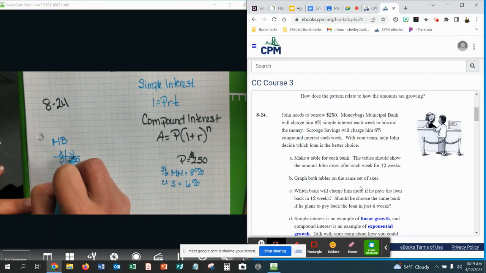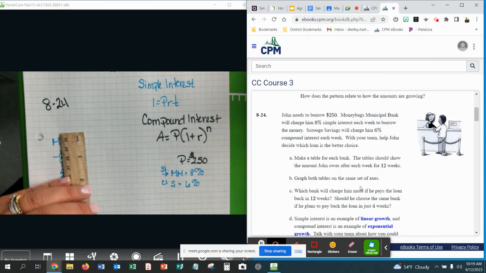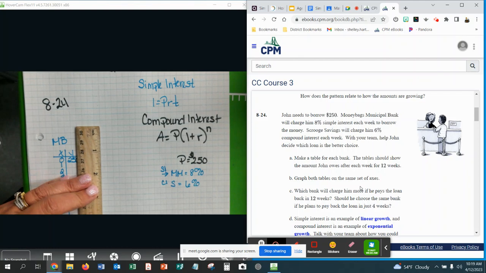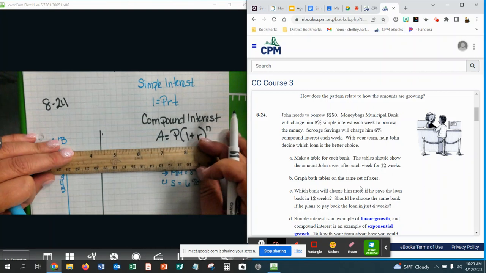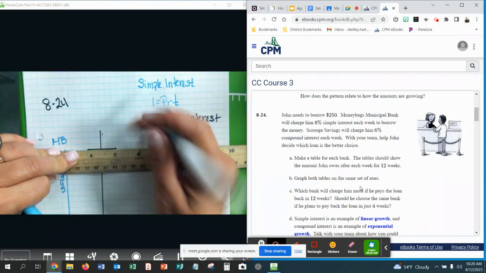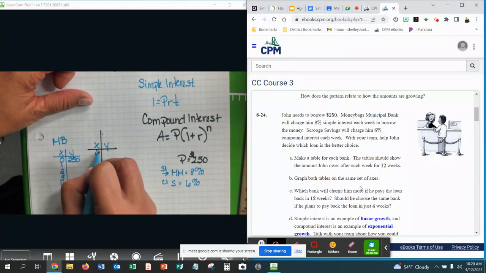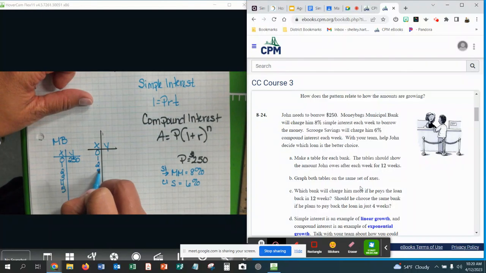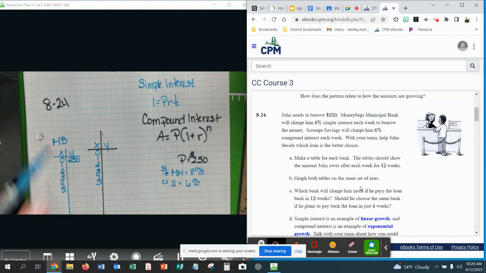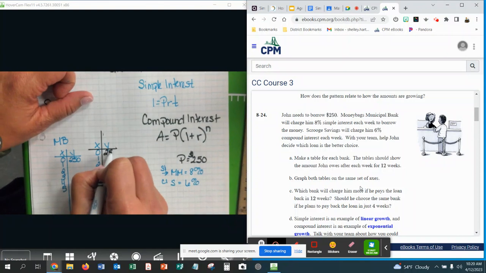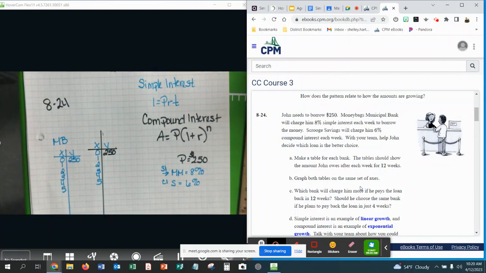This is X, this is Y. X, Y, 0, 1, 2, 3, 4, 5. 250.